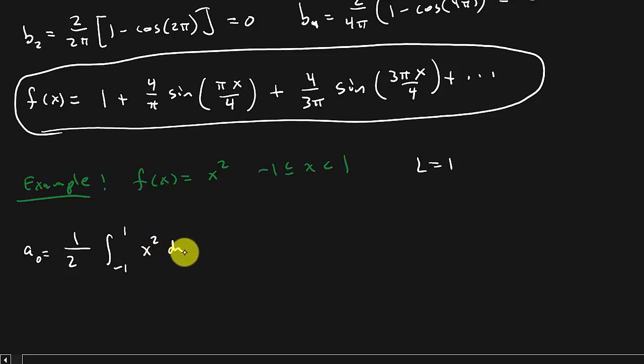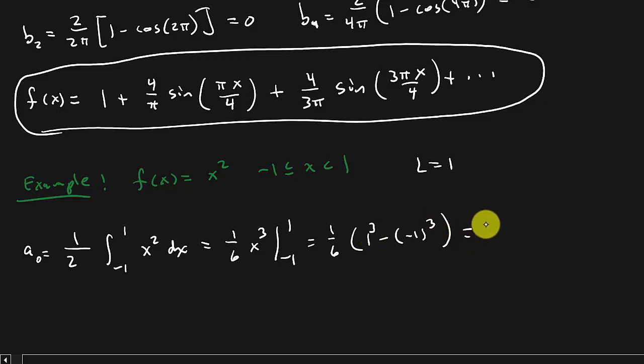And that's going to be the function dx. So that's going to be 1/6 x cubed from -1 to 1, which is 1/6 times 1 minus -1, or 1 cubed minus -1 cubed, which is going to be 1/3. So there's A naught.